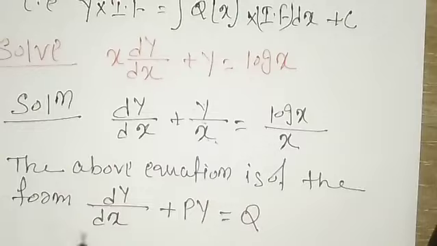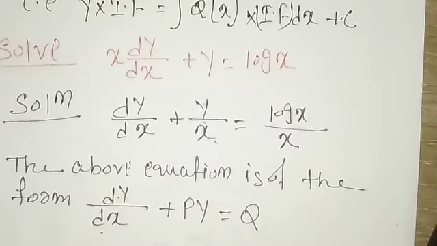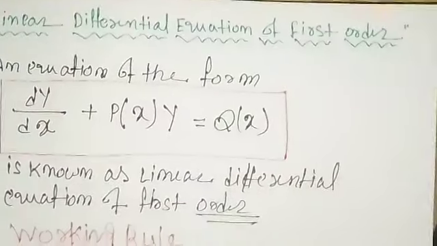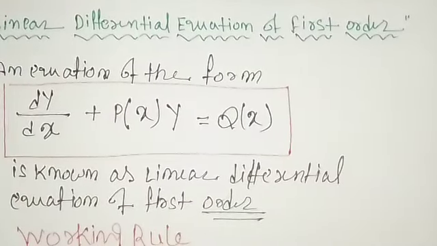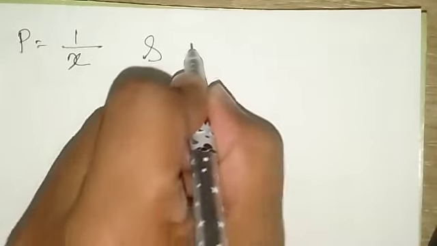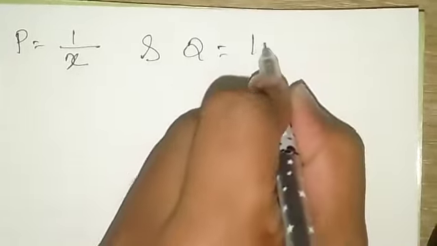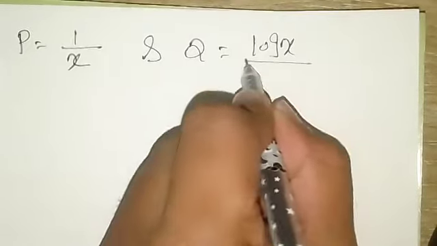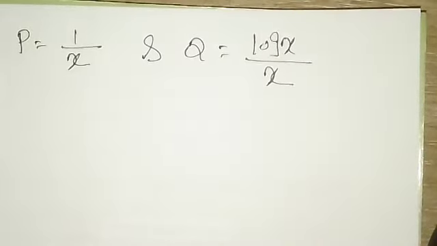In this format we have dy/dx + py = q. Comparing, we see that p is equal to 1/x and q is equal to log x / x.